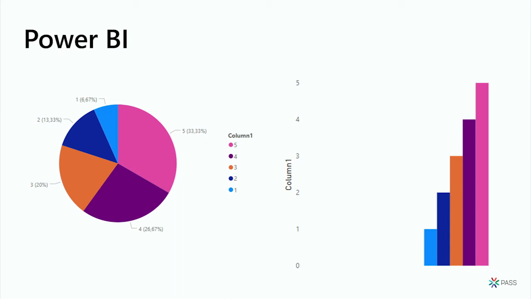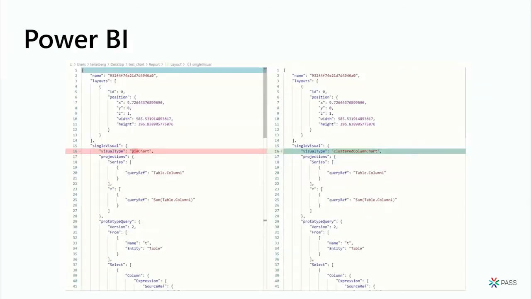If you look into the container format, this is the JSON document, and you can load it in Visual Studio Code and compare both documents. There's just one line, line 16, where the visual type is changed from pie chart to clustered column chart.